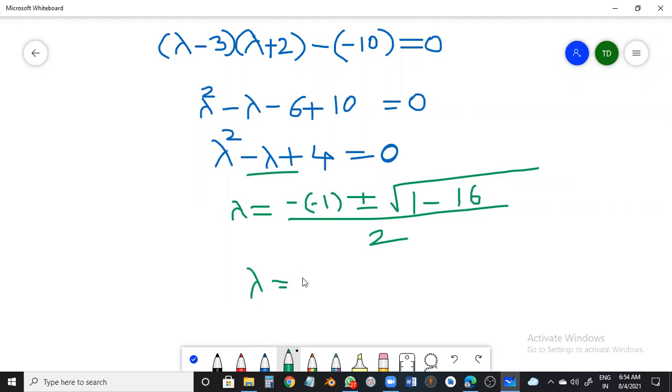Lambda is half plus minus root 15 upon 2 i. Why i? Because you're getting minus 15 inside the root. So for the minus sign, I have written i, and the value I have written adjacent to it.